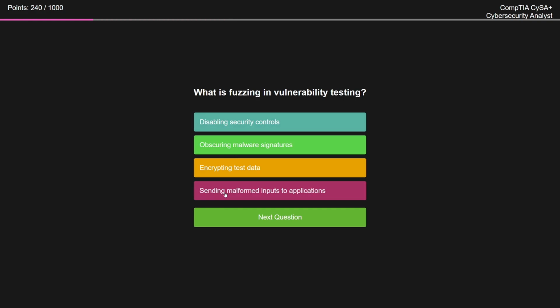For this one, it would be sending malformed inputs to applications, right? A lot of times on these websites, they'll fuzz the websites to detect cross-site scripting, SQL injection, and certain other web vulnerabilities. So let's go to the next question.